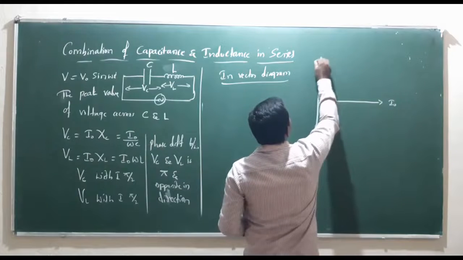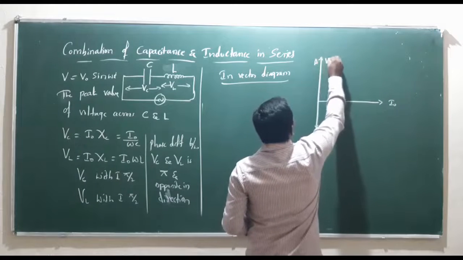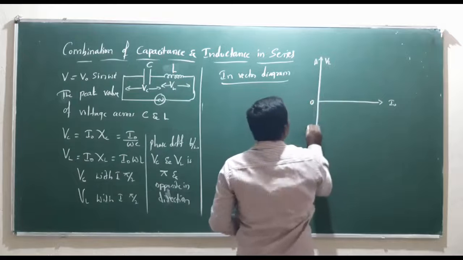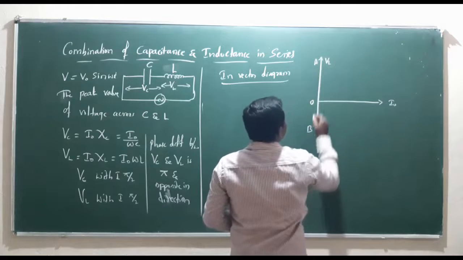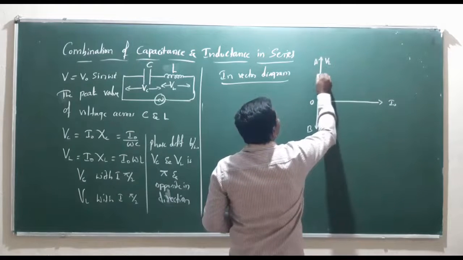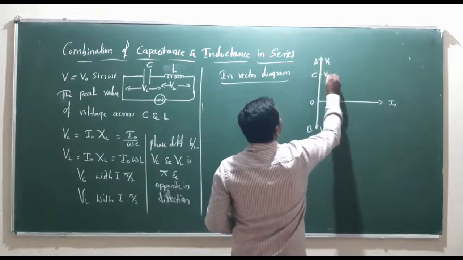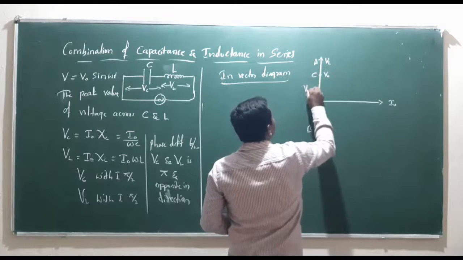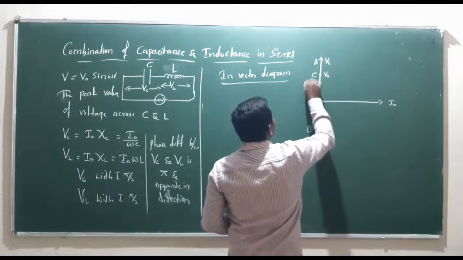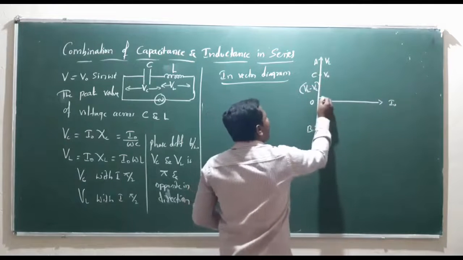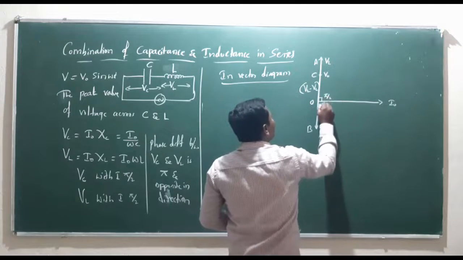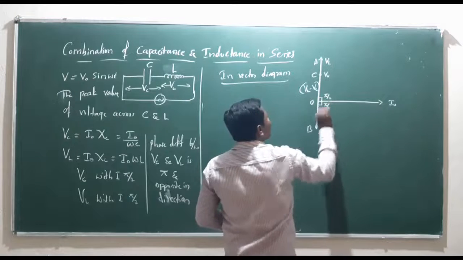Let us consider this one as VL, this one as VC, and the difference of these is VL minus VC. Here the angle is pi by 2 and the angle is pi by 2.